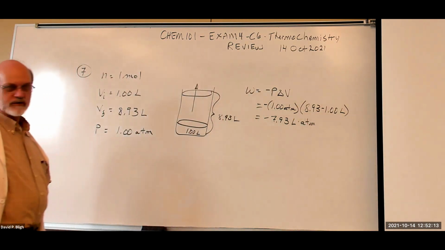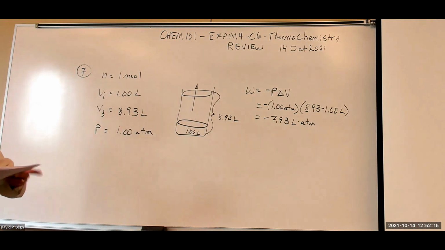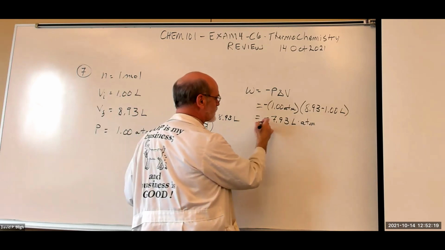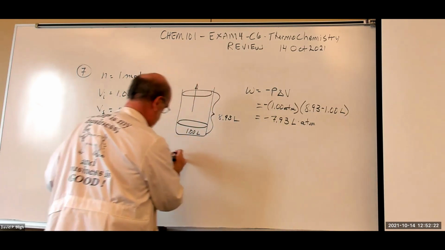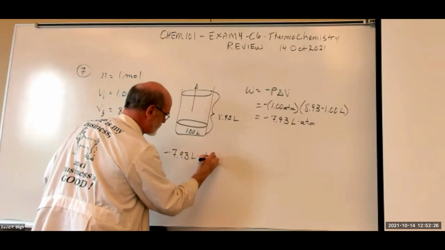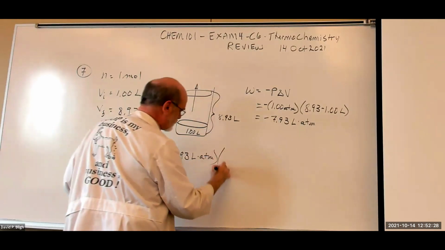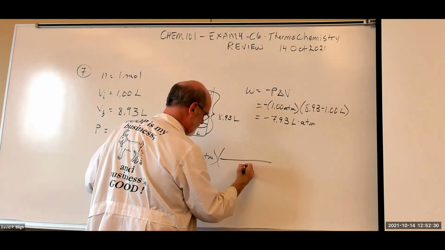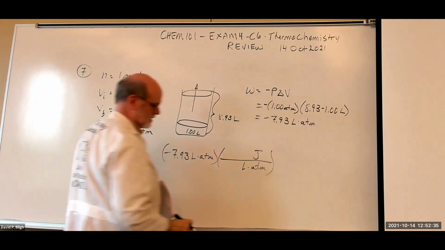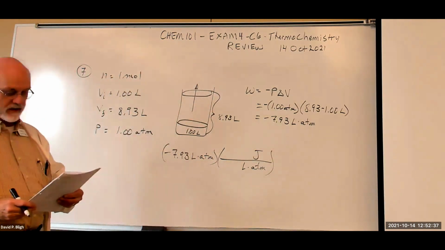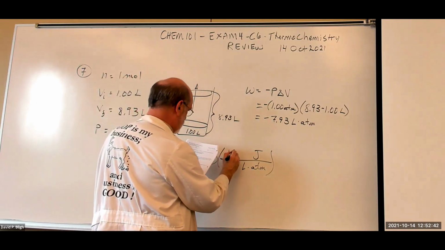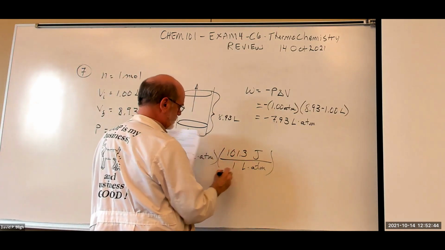That doesn't look like joules to me. So I think we have to do a unit conversion. So let's convert this to joules. Minus 7.93 liter atmospheres. So we need a conversion factor that'll take liter atmospheres and leave us with joules. So what's the conversion factor? Oh, it gives it to us right there. 1 liter atmosphere is 101.3 joules, right?